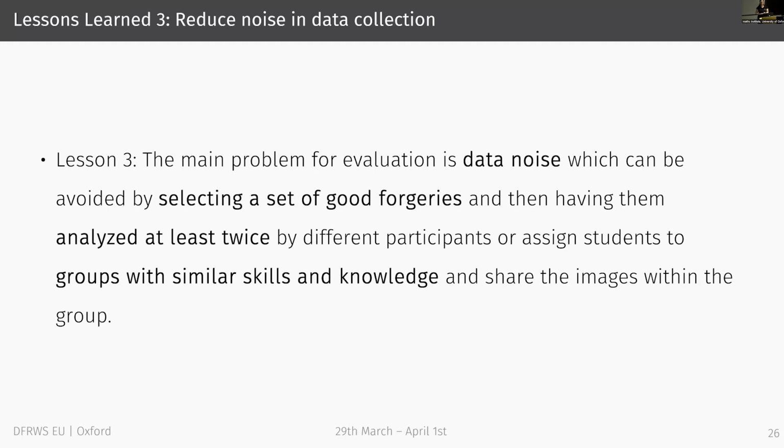And you can also assign students with similar skills and knowledge to groups and let them analyze the images in their group. And these countermeasures actually also help against the other problems we experienced.